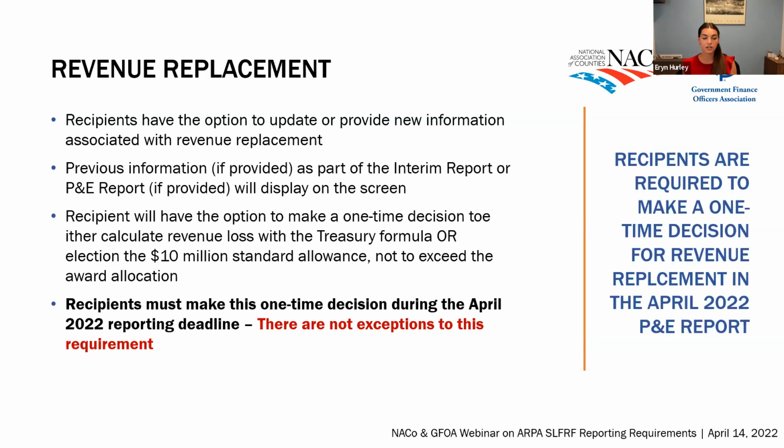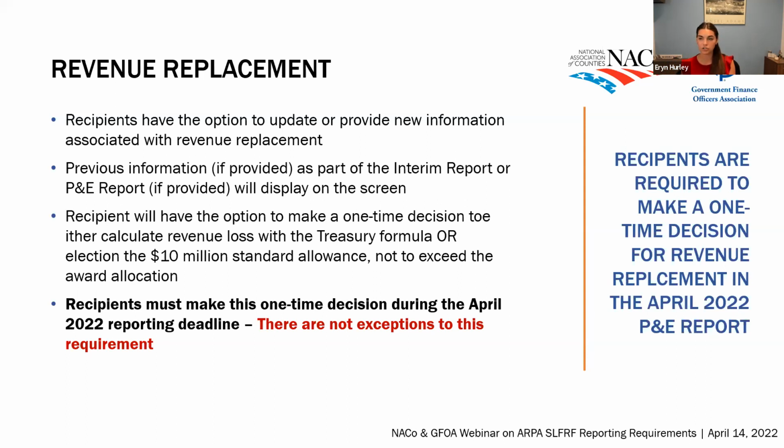It has the updated revenue loss default growth rate that Treasury included in their new final rule, which is 5.2%. It's a difference from the previous 4.1% under the interim final rule. So that is a very helpful tool as you are deciding whether you want to claim the standard allowance or go with the revenue loss formula.